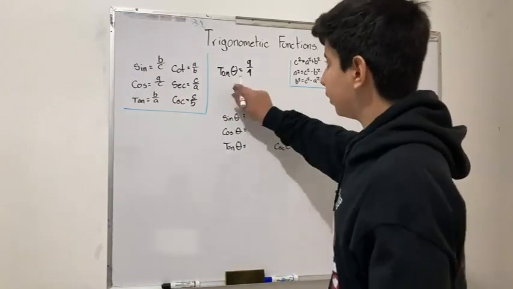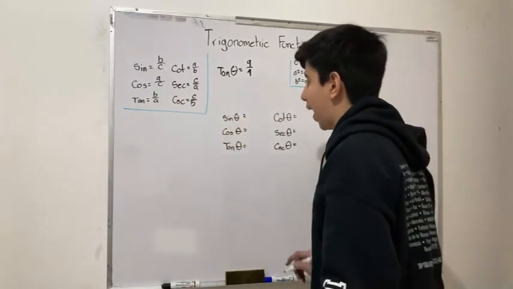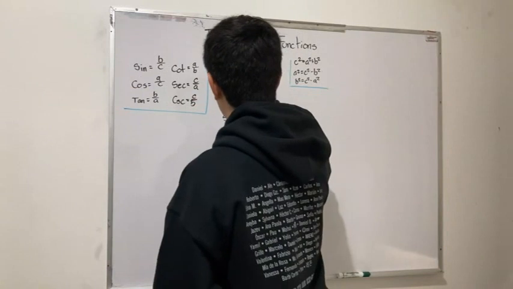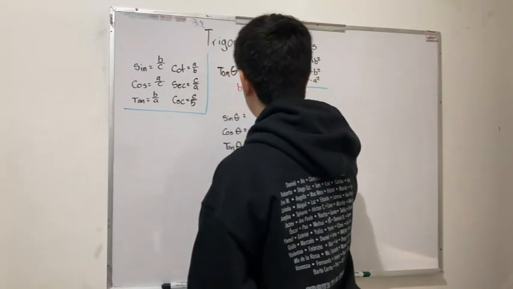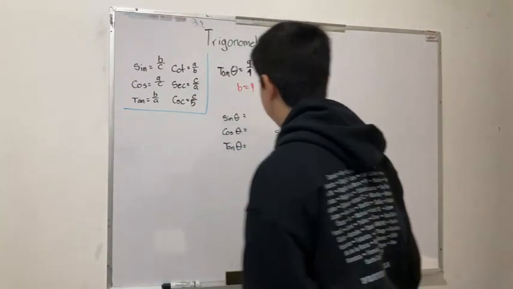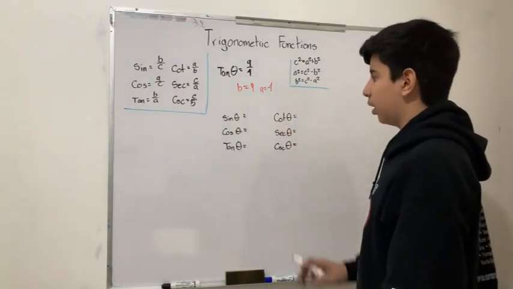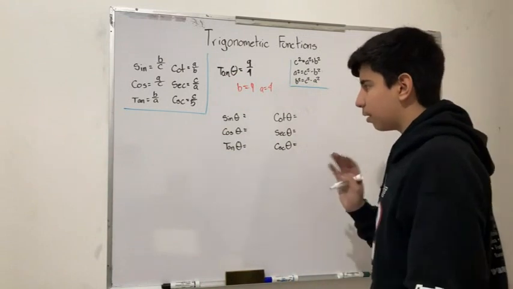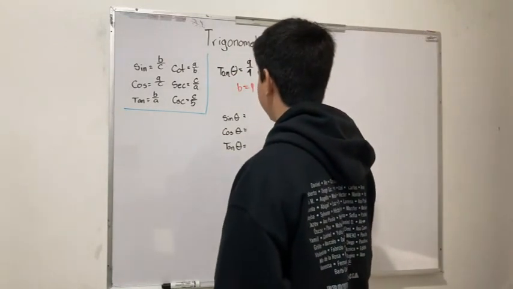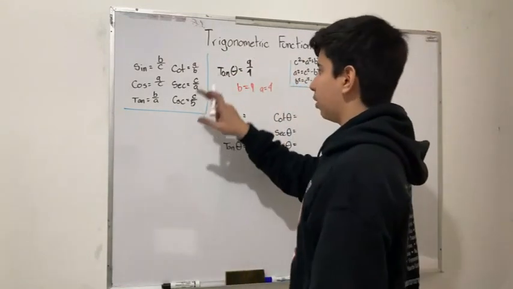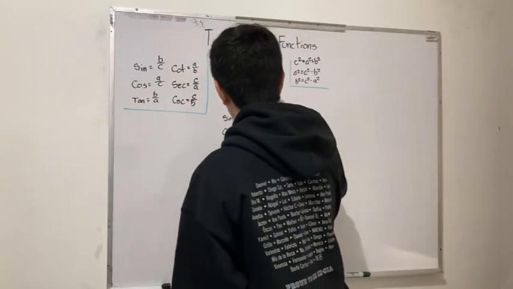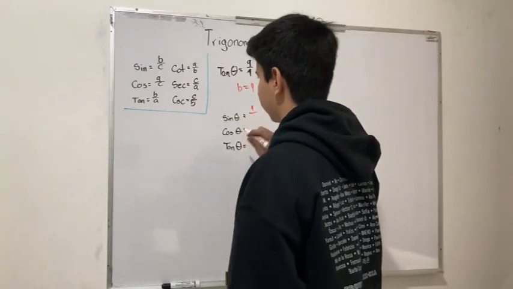Now, we know the tangent is b over a, so b is equal to 9 and a is equal to 4. With this, we can already solve some parts of the exercise. Since sin is b over c, it's 9 over c, and we don't know what c is.